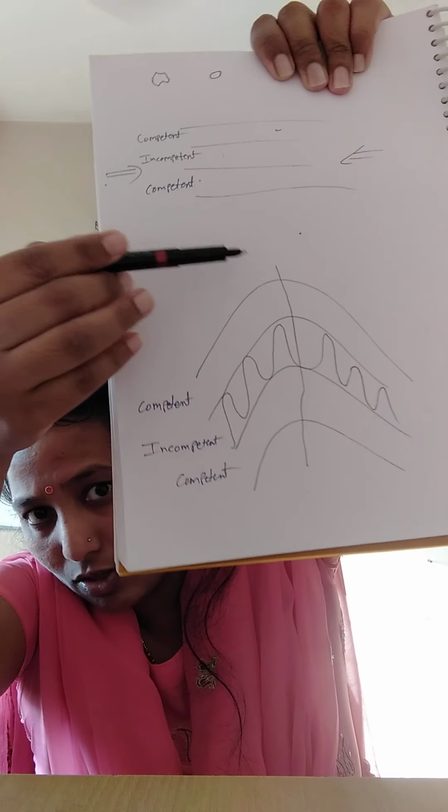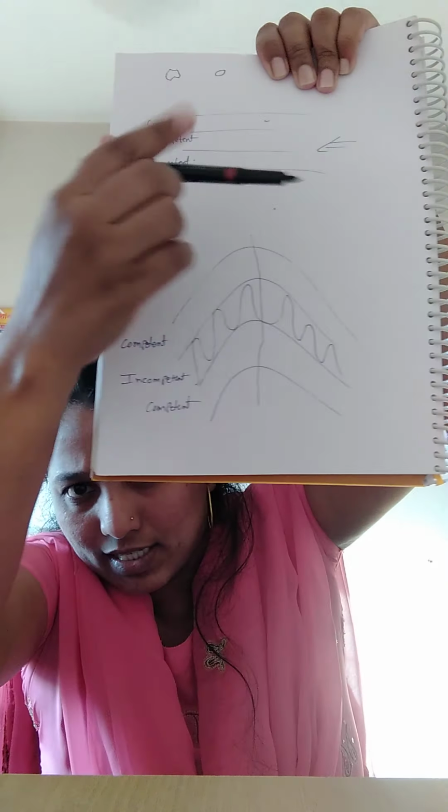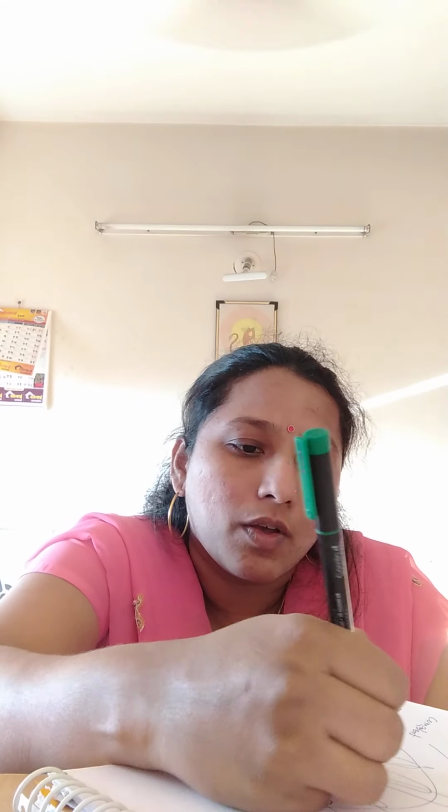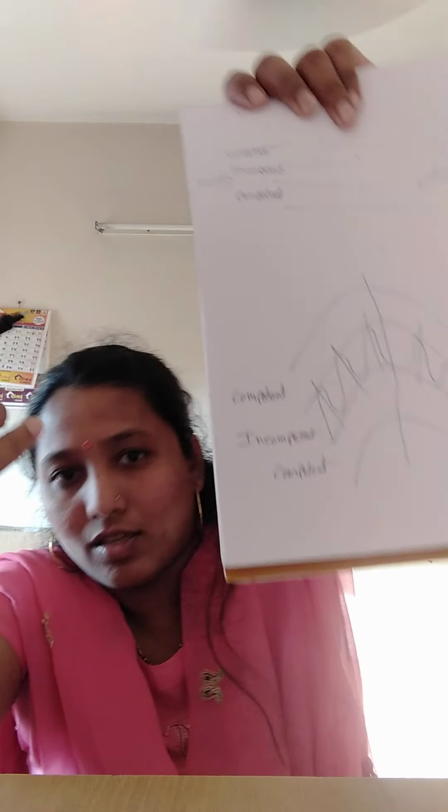Alright, now if we are talking about fold, we know that folds have axial plane. Yes, so overall the entire axial plane of this fold is like this. But on the other hand, if we are talking about the axial plane of the drag folds, they are like these.